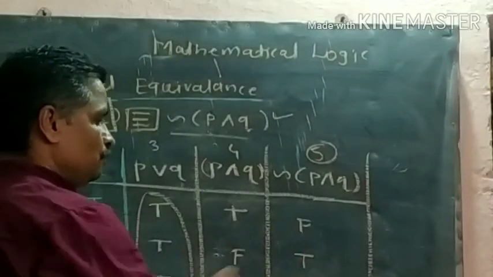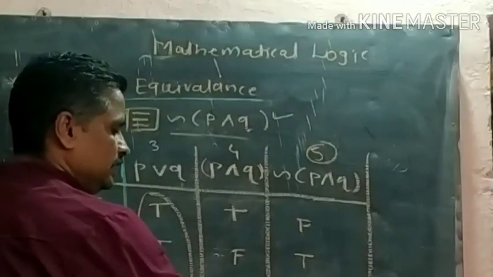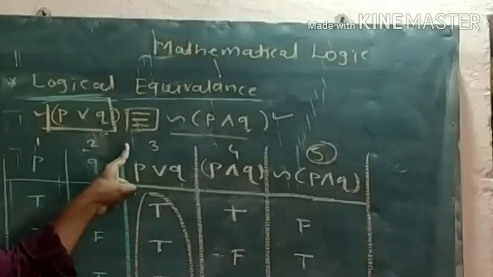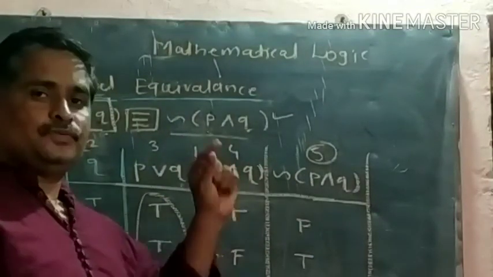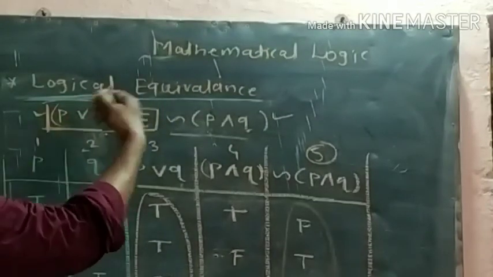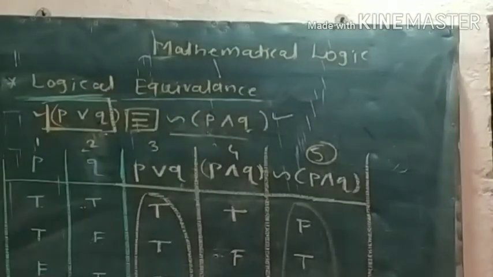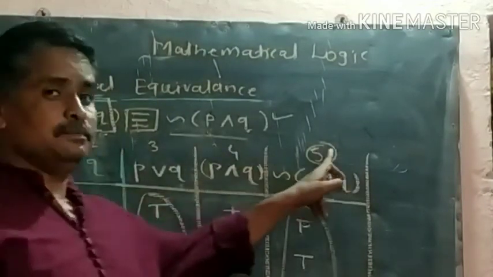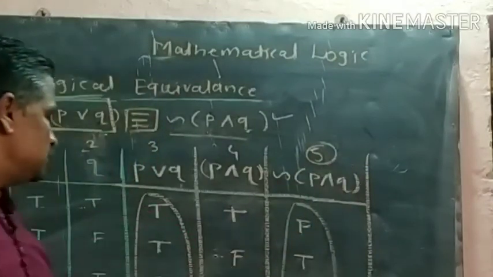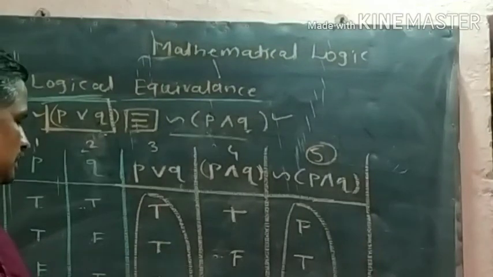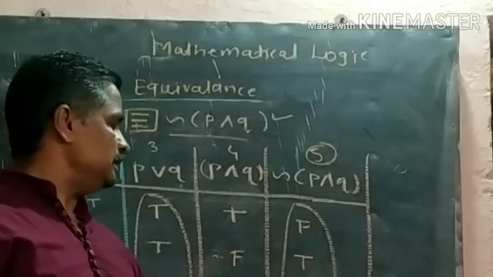It has value F, T, T, T. Underline this. Column number 3 and column number 5 are the given logical statements, the left hand side and right hand side. Observe that the given statements have values T, T, T, F and F, T, T, T.